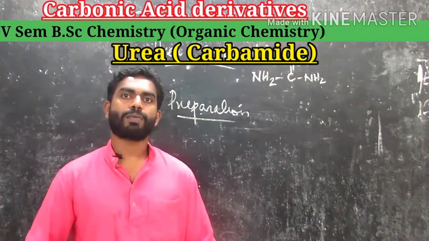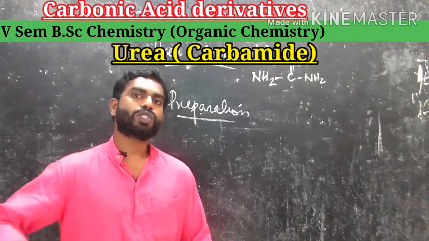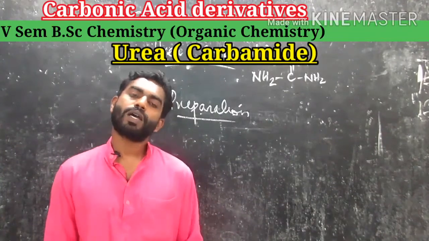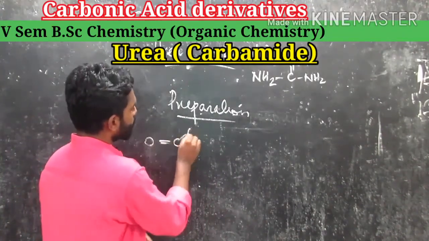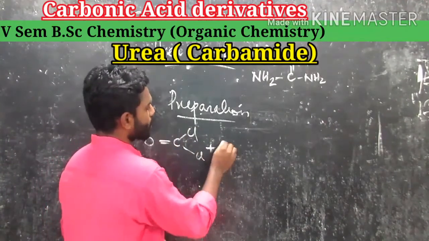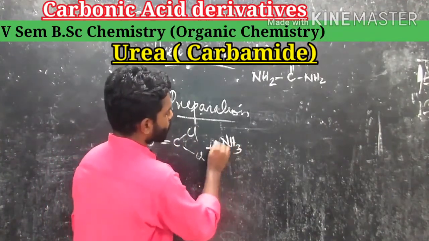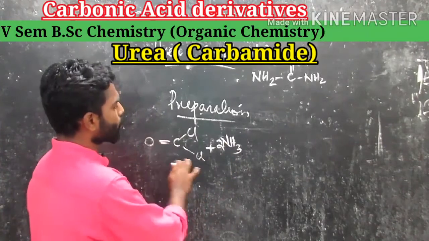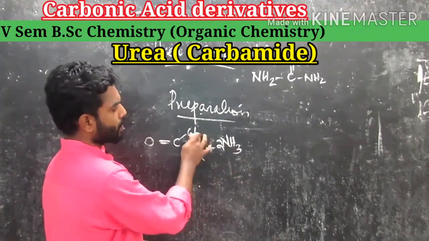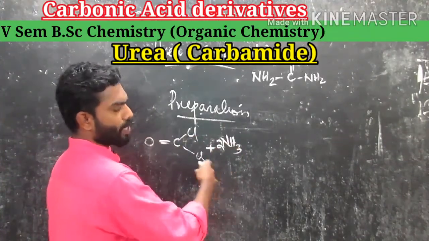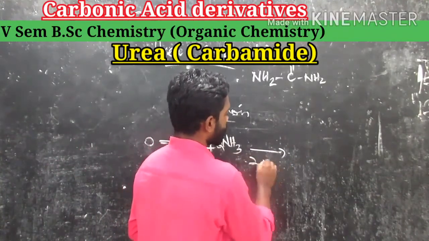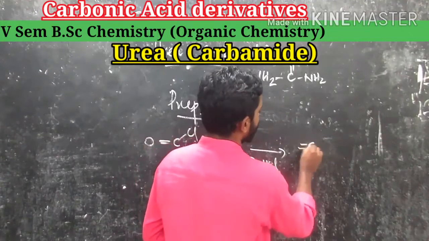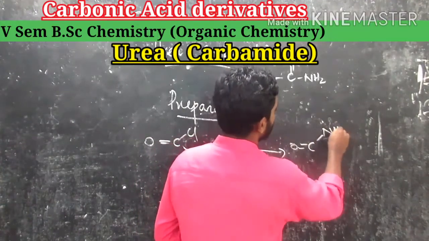Phosgene, COCl2, is treated with ammonia: with two molecules of ammonia, condensation with loss of 2 HCl gives CO NH2 NH2.